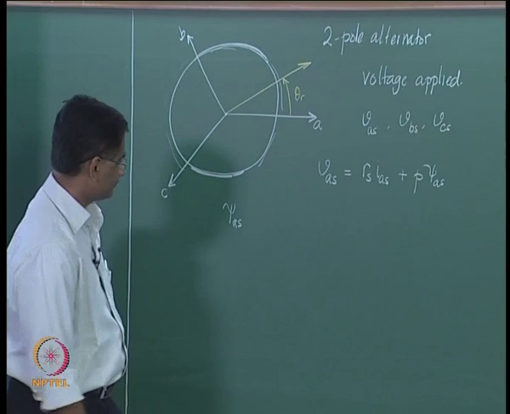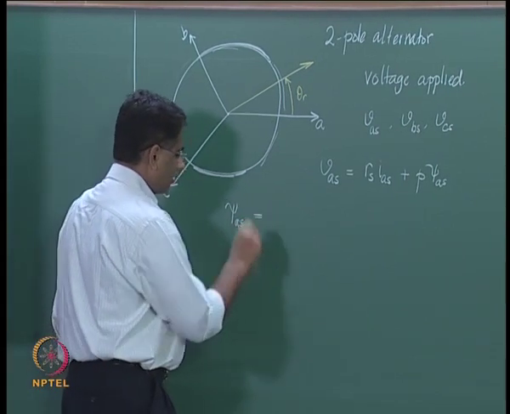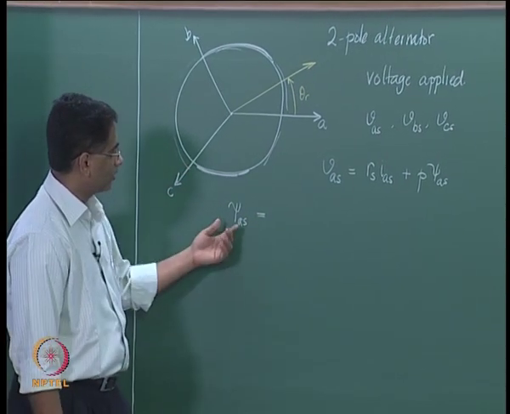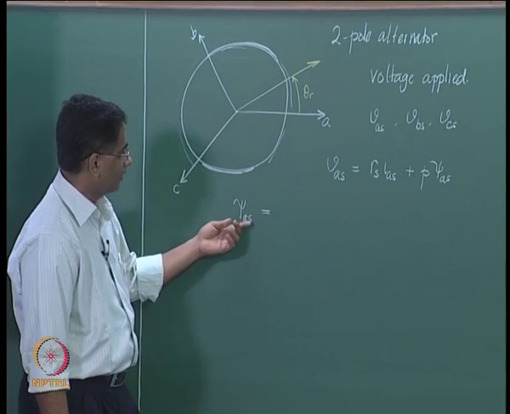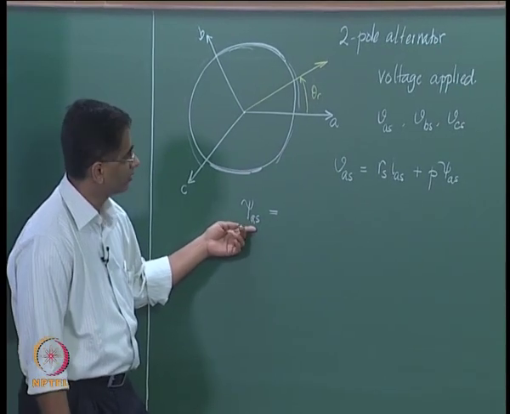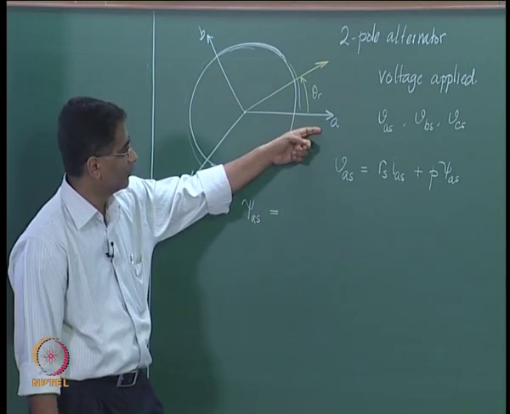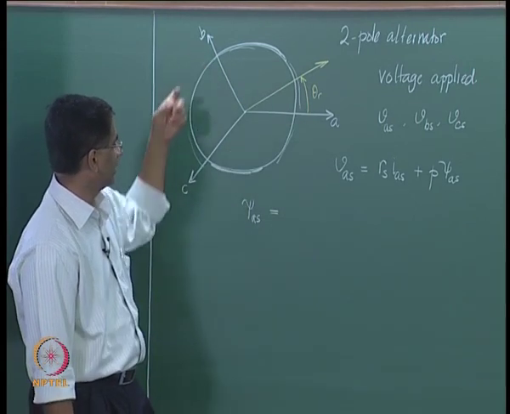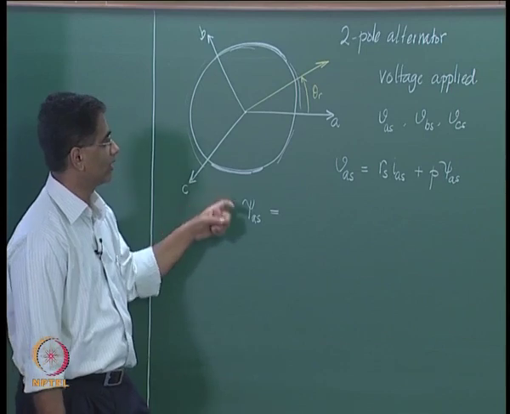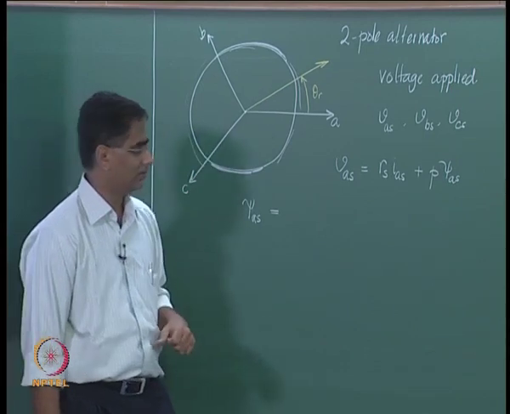Psi AS is going to comprise flux that is produced due to current flowing in A phase, plus due to current flowing in B and C, and due to current flowing in the rotor as well.